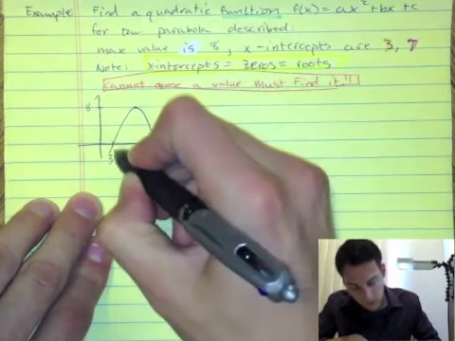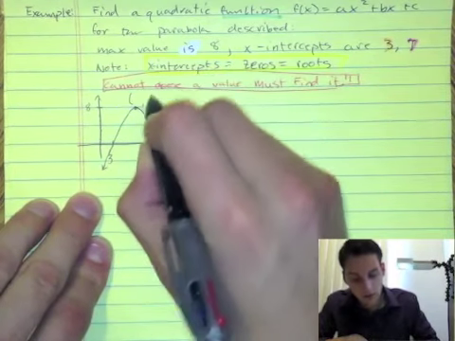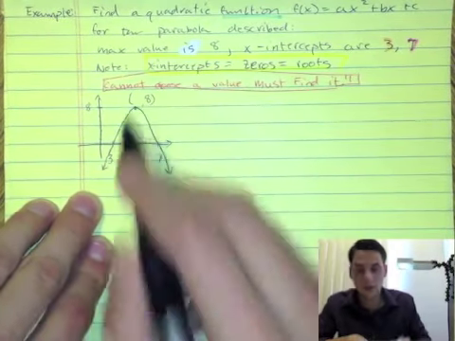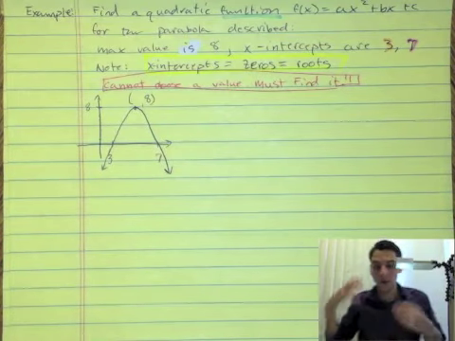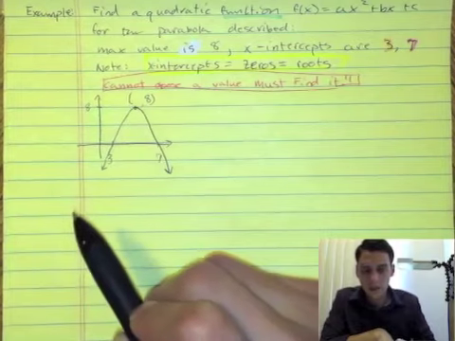And this maximum value has a y coordinate of 8 because in the last notes we said that the maximum or minimum value is just the y coordinate of the vertex. We need to find the x coordinate.